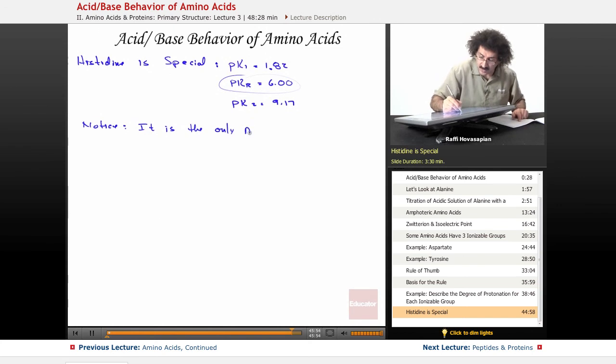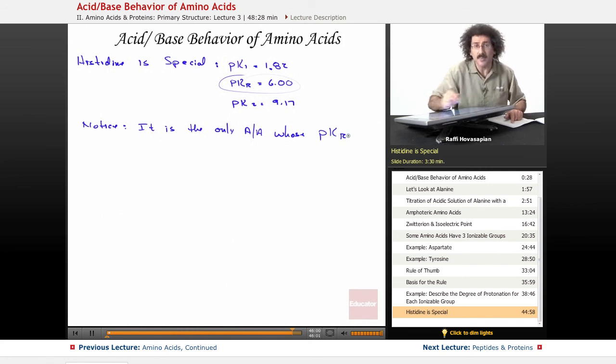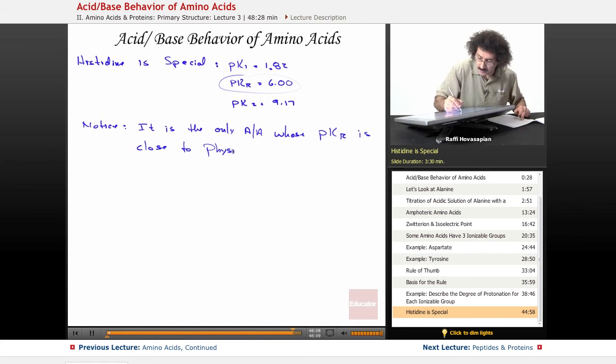It is the only amino acid whose pKr, whose pKa of the R group, is close to physiological pH.